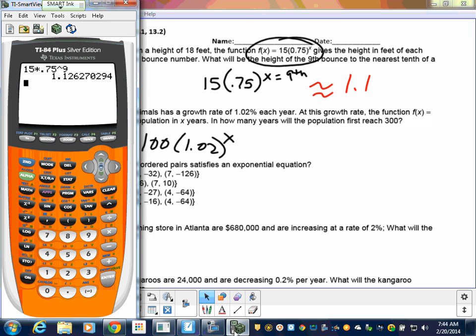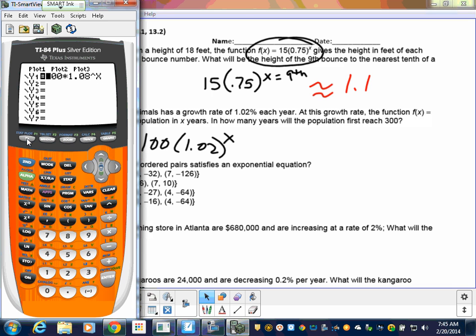Especially you guys with those yellow calculators, you just take a number and put it in here, times 1.02 to the, I don't know, I'm just going to start with some number. I started with the number 5, thinking that after 5 years, wow, it's only at 110. So I've got to just keep guessing and checking if you have one of those calculators.